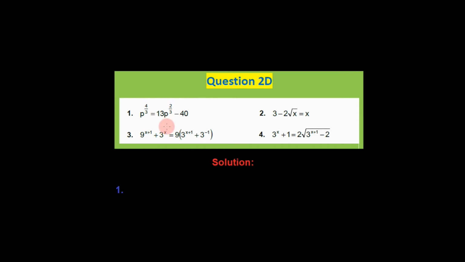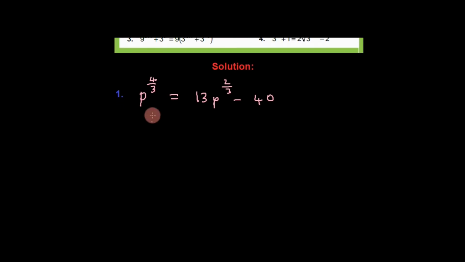So let's look at the answer to this question. In the first one, we have p to the 4 over 3 equals 13p to the 2/3 minus 40. We're going to start by bringing everything to the left-hand side.